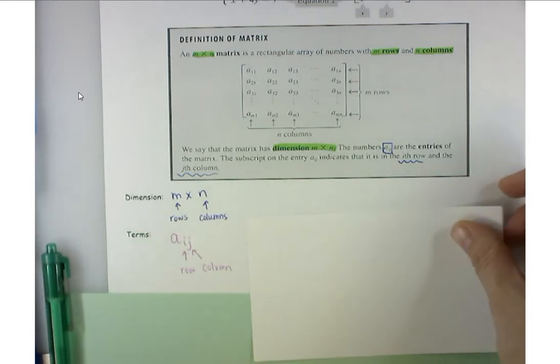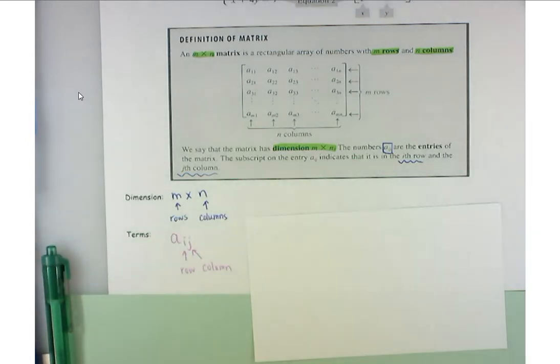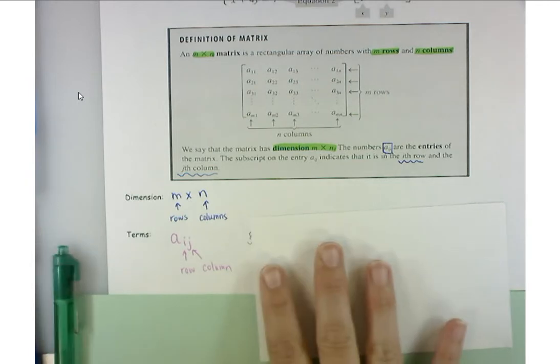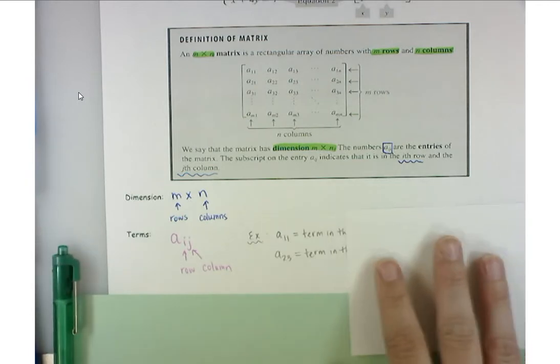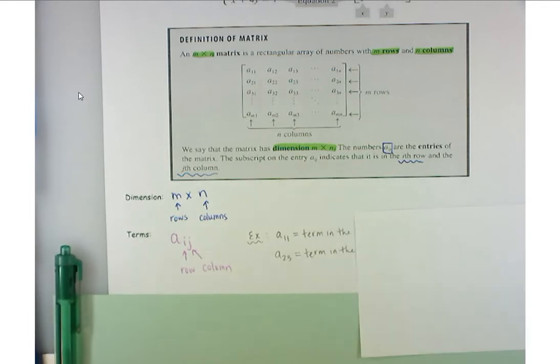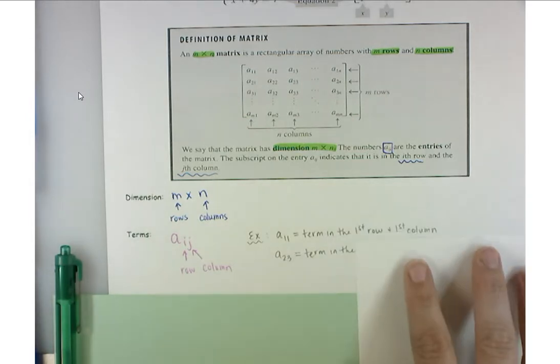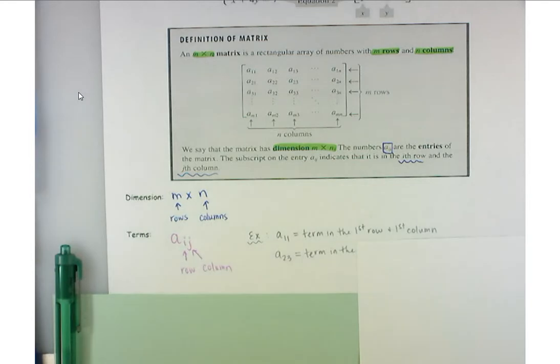And then your terms are a sub ij, where i is the row and j is the column. Then we're just going to write out what these two terms mean. If you see a11, that's the term in the first row, first column. And then I want you to write what the second one is, which is a23.